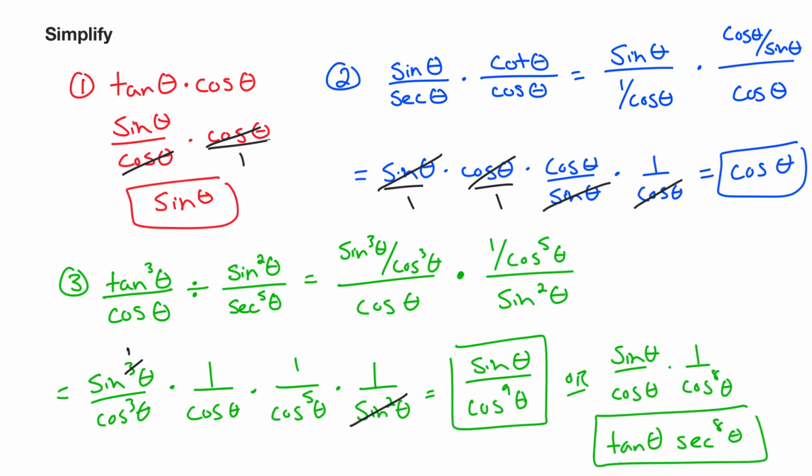I'm okay with you not converting it into that format. I'm okay with you leaving it as sine of theta divided by cosine to the 9th of theta, but you should be familiar with how to convert it back into tangent and secant, because on multiple choice tests or simplification tests or your pre-calculus test, they will expect you to take this step later on.